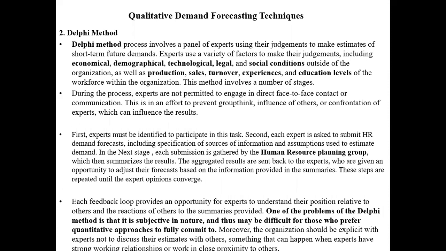So, assuming we put together 10 experts to come out with their own forecast as far as the need for and the supply of human resources is concerned, we expect them to work on their own. They are expected to work separately without coming face-to-face.